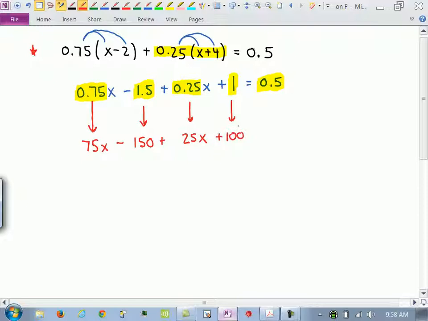Good. Remember, that 1 has 2 decimal places that has to go. And then last one, 50. And at this point, we have a nice linear equation, no grouping symbols, no decimals, no fractions. You take it to town. You finish that out. You should get x equals 1 if you work the rest of the way.